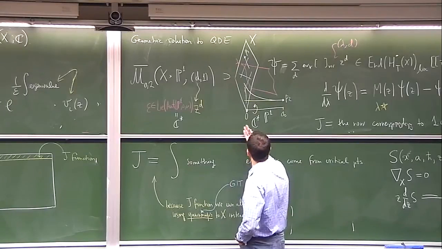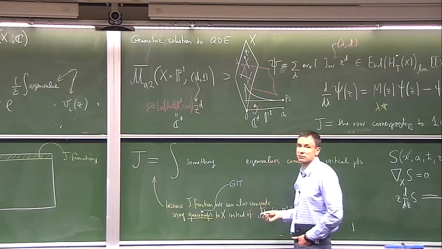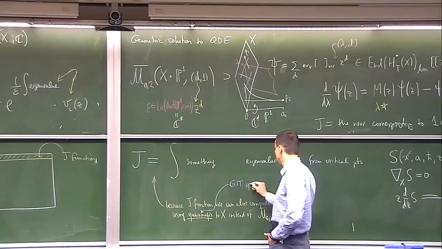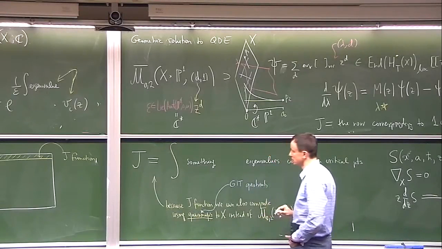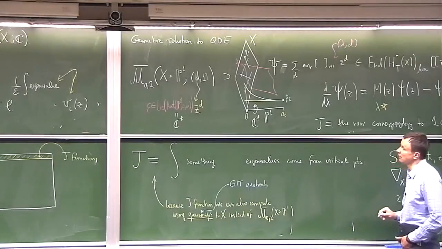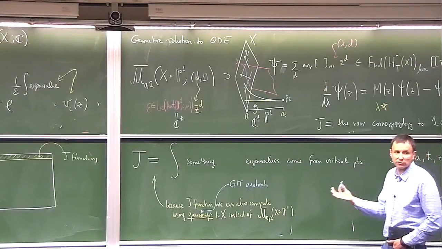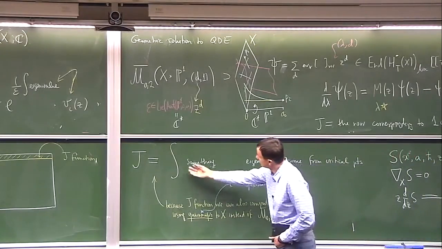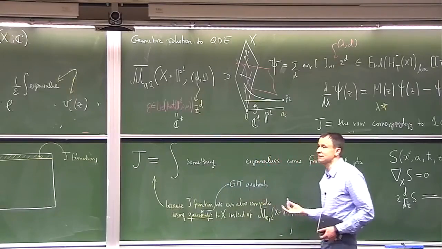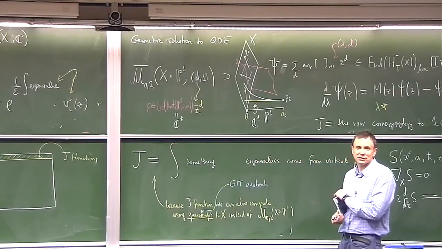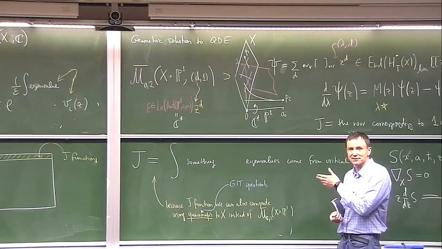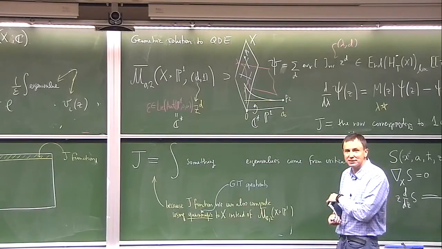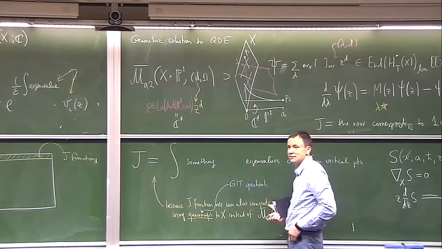And maybe the fixed loci with respect to, let's say, the star action are GIT quotients. And the fact that an integral over a GIT quotient should be like an ordinary integral is, I guess in cohomology, called a Jeffrey-Kirwan residue. Is that what people call it? Jeffrey-Kirwan residue. Yeah.